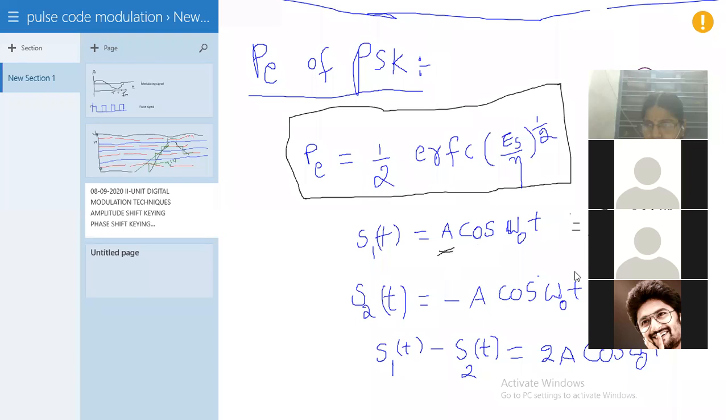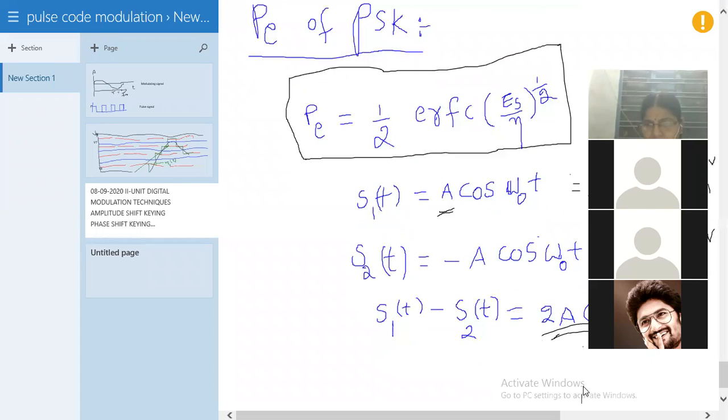Then this is for plus 1, that is plus 1 volt when logic 1 is present. When logic 0 is present, that can be indicated by minus 1 volt. That S2 of t in the BPSK signal is equal to minus A into cos omega naught t. Okay, so therefore S1 of t minus S2 of t is equal to 2A cos omega naught t.